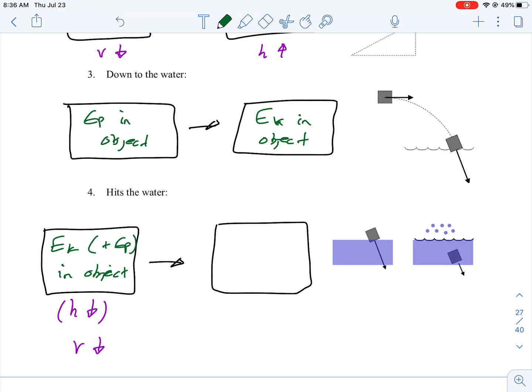What does it convert to? Well, have a little bit of fun with this. We know this one here is going to be creating waves, so we're going to get wave energy. There's going to be splashing. So that would be kinetic energy.